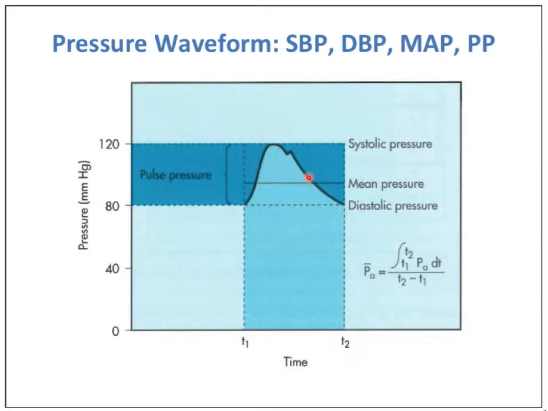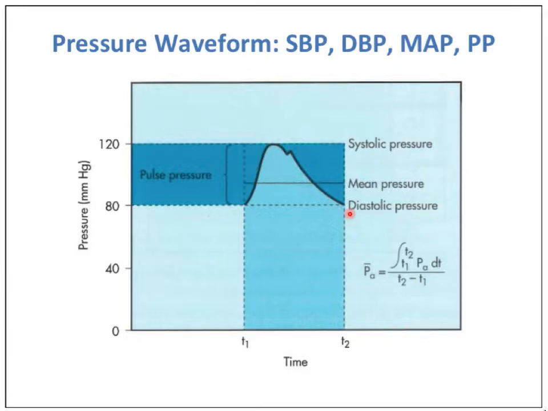These parameters are measured in virtually everyone when you go for a physical to determine whether or not your heart is functioning adequately. You don't want it to be too high because that is a risk factor for cardiovascular disease and stroke. And you don't want it too low because then when you stand up, you just faint. So you want it somewhere in the middle.